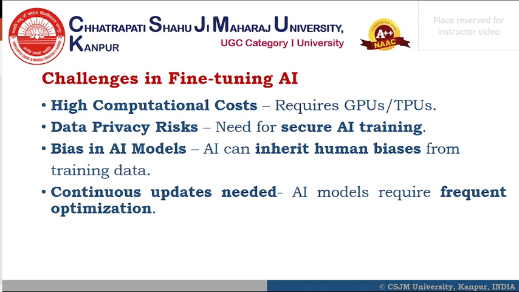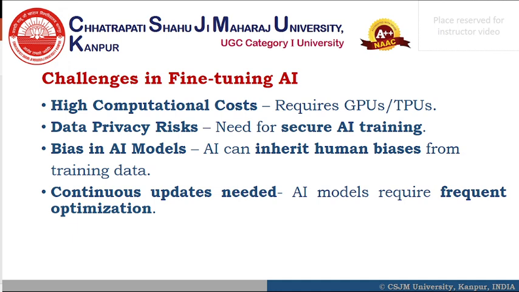While fine tuning AI unlocks powerful business potential, it comes with technical, ethical, and financial hurdles that organizations must address, like high computational cost and data privacy and security risks, bias in AI models, and so on.